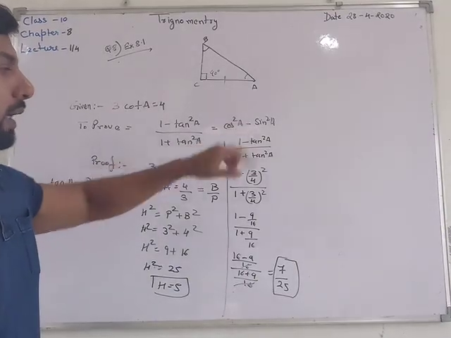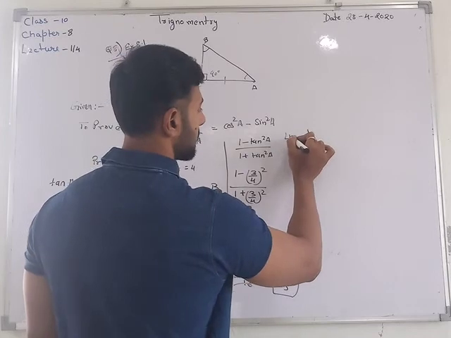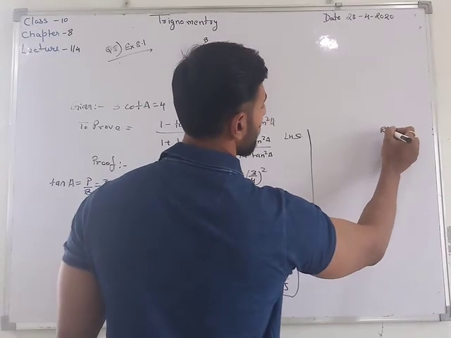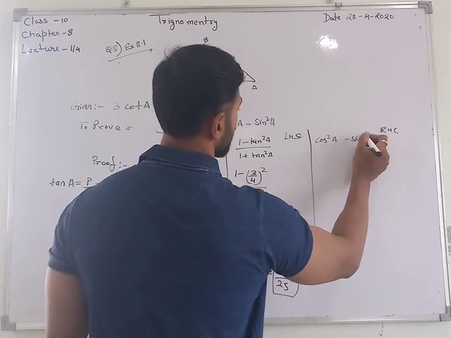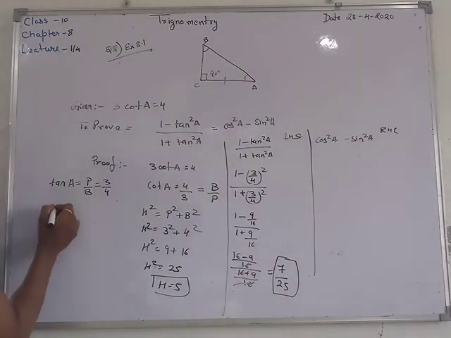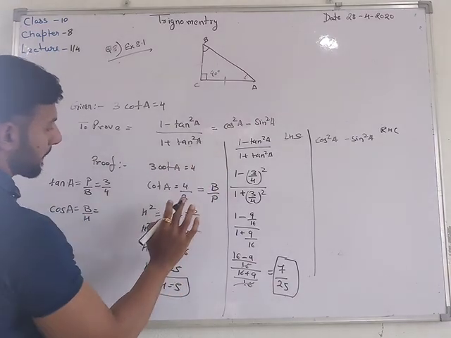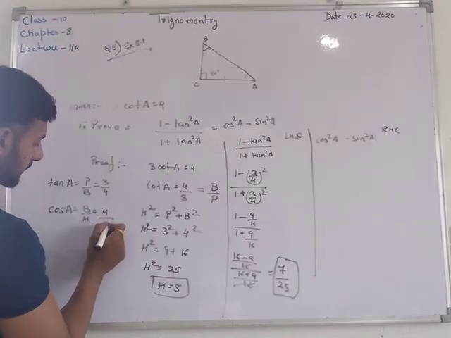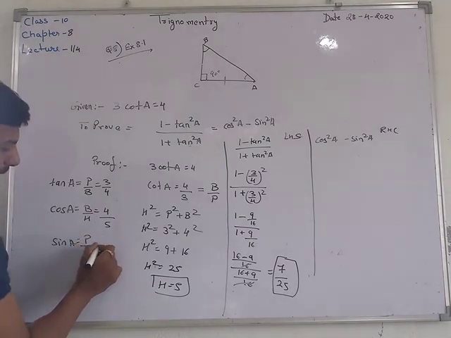Now solving the RHS part. This is LHS part. Now solving RHS. RHS is cos square A minus sin square A. Cos A will be base upon hypotenuse. Base is 4. Hypotenuse we have found is 5. Sin A will be perpendicular upon hypotenuse.